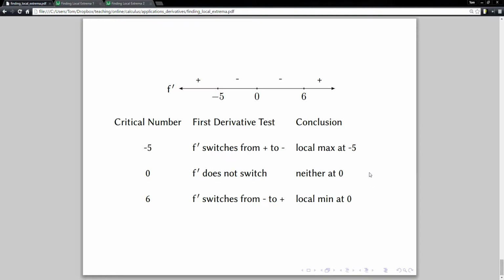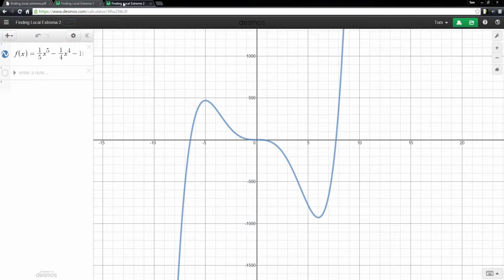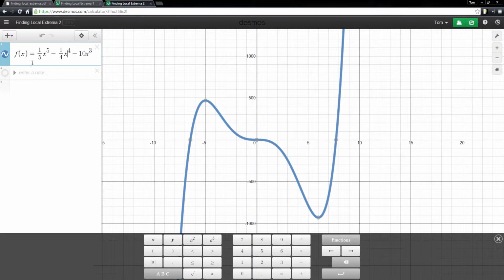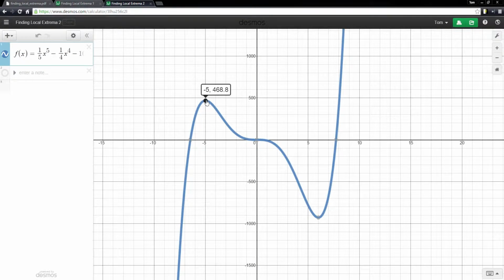But just to better explain things, let's take a look at the graph of f. There is a way to figure out what that is, and this is one of the functions whose derivative is what we had there. We can see right here at -5 we have a local max, just like our prediction said there would be.